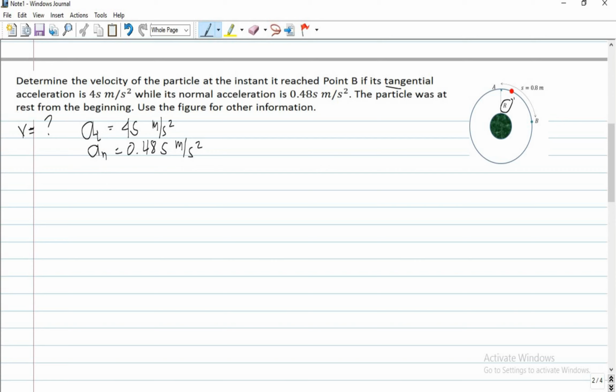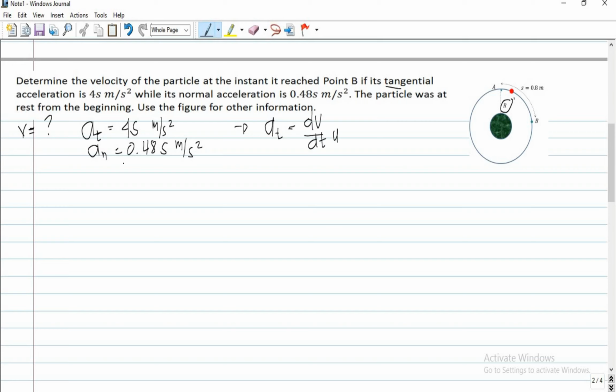Diba sabi nga natin, parang dun rin lang sa may rectangular component, we can analyze separately the x component and the y component. The same with this one. We can separate tangential acceleration and normal acceleration. So, kung ito ang gagamitin ko, tangential acceleration, I know that the equation for this is dv over dt.